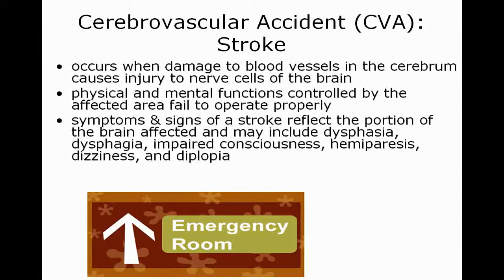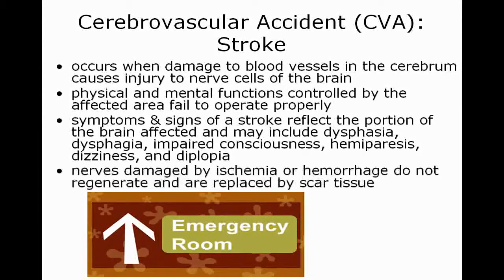With the CVA, you can see the word cerebrovascular. The vessels are involved, the vessels of the cerebrum, and whatever damage there is to the blood vessels will affect the sensitive nerve cells and other nerve tissue of the brain. If we're talking about a stroke that results from a blood clot forming in one of these vessels, there's going to be ischemia.